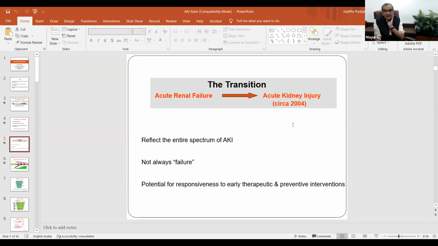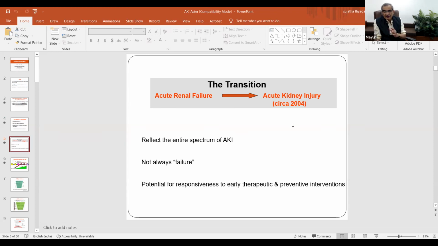We don't know why we started calling this pre-renal type of so-called renal failure as failure. It in fact should be termed as renal success, because the kidney, which is essentially normal at this stage, is responding to volume depletion and altered hemodynamic status and trying to retain salt and water.